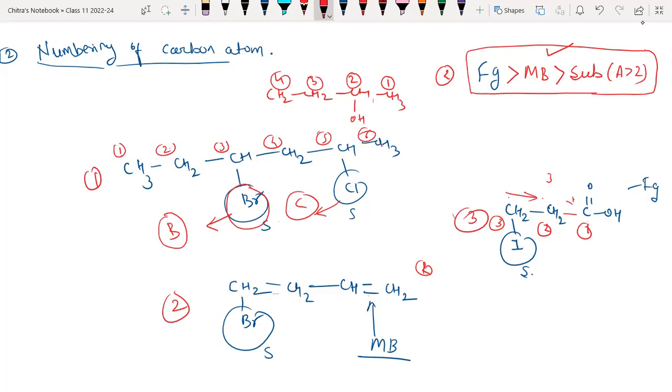Check the minimum distance of the functional group, then the multiple bond, then the substitution. Any doubt here? Everyone do reply. Yes, sir. No.